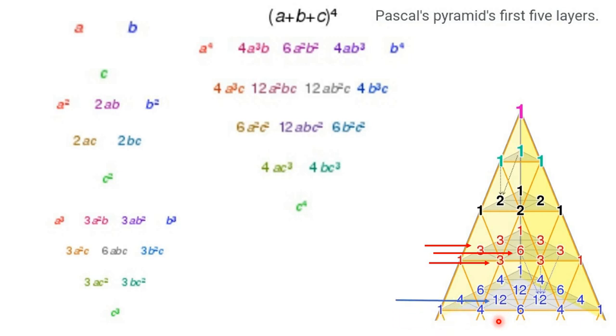We are considering exterior triangles. 6 3 3, again it is 12. So this 12 is explicable, and here 3 3 6 in another triangle, so another 12 is coming here. That is how it is a kind of thumb rule for making the vacant positions of the next layer from the previous layer's information.